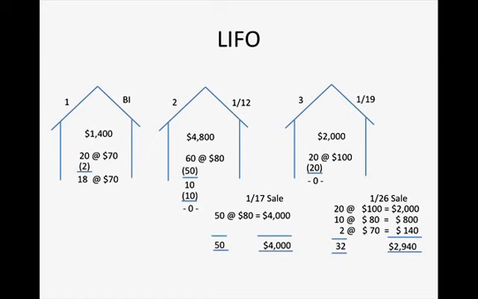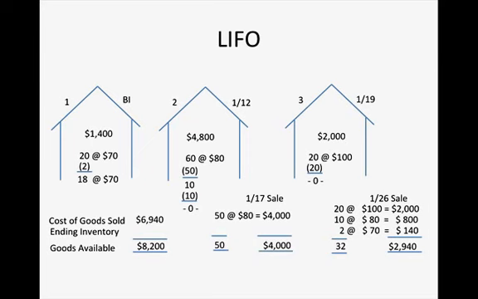It is now time to reconcile to the goods available, which is the same amount as in the FIFO example, $8,200. The cost of goods sold is the total of the January 17th and the January 26th sales.